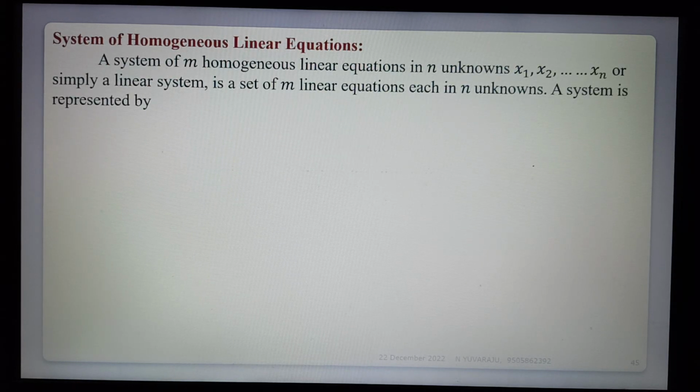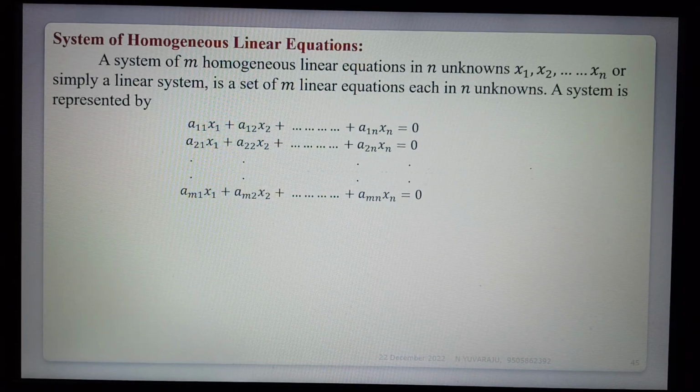A system of m homogeneous linear equations in n unknowns x1, x2, up to xn, or simply a linear system, is a set of m linear equations each in n unknowns. The system can be written in the form: a11 x1 plus a12 x2 plus up to a1n xn is equal to 0 is the first equation.